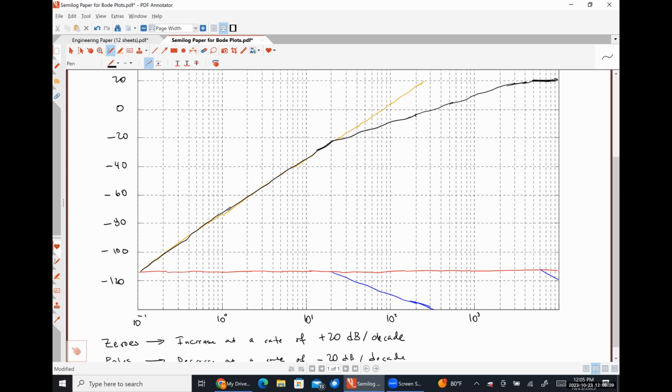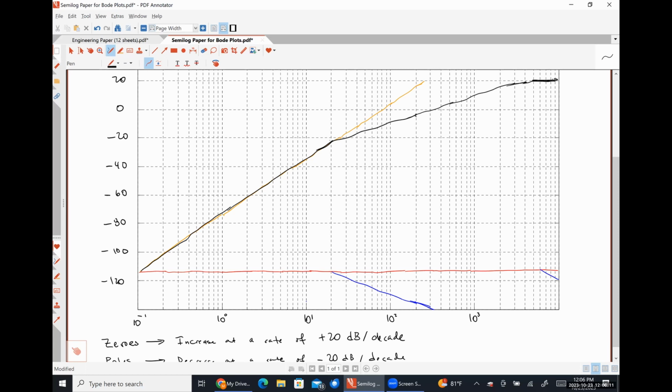So for every zero we have, we increase at a rate of 20 decibels per decade. There were 2 zeros at 0, which is why we're starting off with this 40 decibel per decade increase, right? So we have repeated zeros, so we have a 40 decibel per decade increase. At this point right here, I have hit my first pole. So I should see that my rate decreases by 20 decibels per decade.